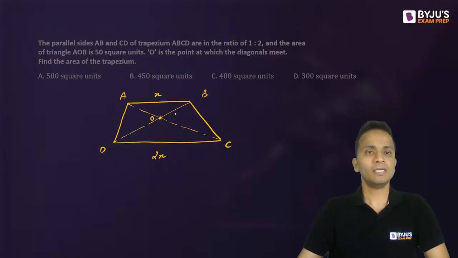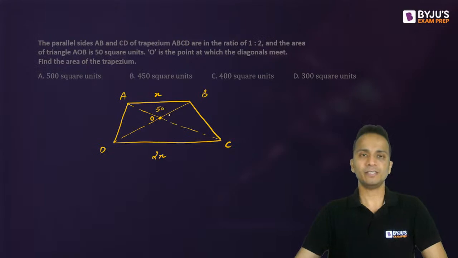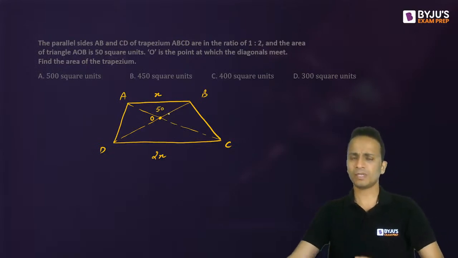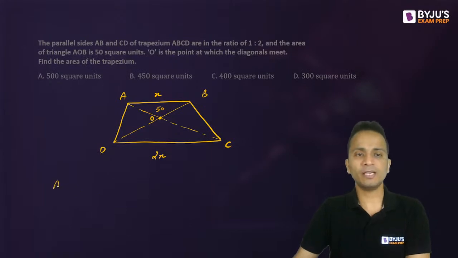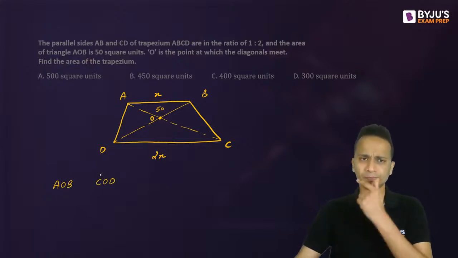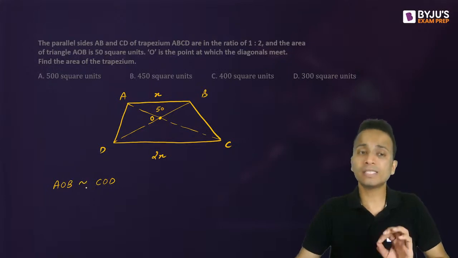Now the area of triangle AOB is given as 50. Now let's take it one by one. First of all, I'll consider triangle AOB and triangle COD. Now in a trapezium, these two triangles are always similar. Why?